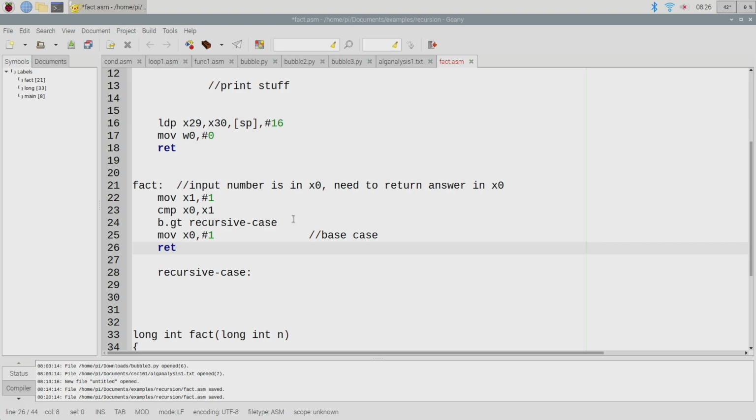In this case, we pretty much have to store it on the stack because there could be too many numbers. For 5 factorial, there's plenty of registers. I could store everything I need in the registers. But how do I know that somebody's not going to come along and do 100 factorial? I don't, theoretically. So I must use the stack here because we have way more memory than we have registers.